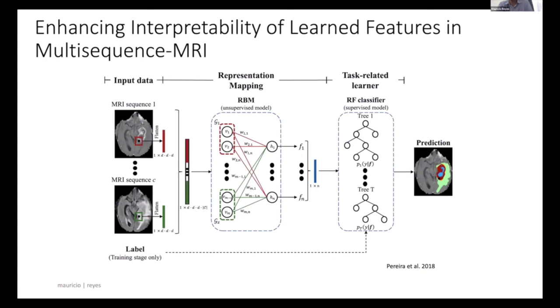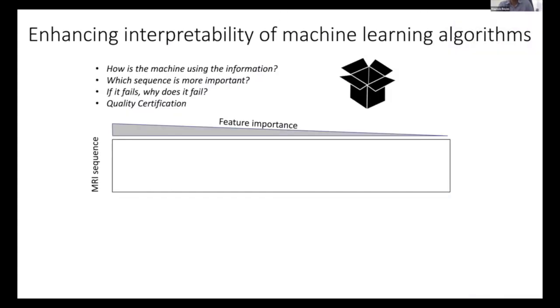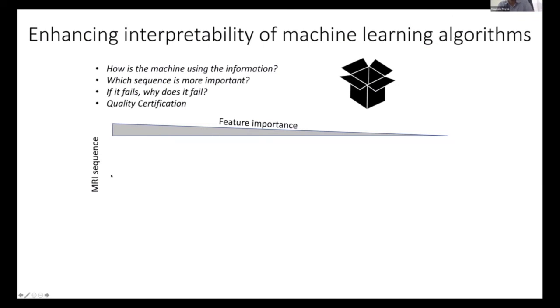So what we figure out is a feature importance that depends on the sequence. What I'm going to show you here is a diagram that shows very important features on the left, not important features on the right, and then they are per sequence. So it looks like this.